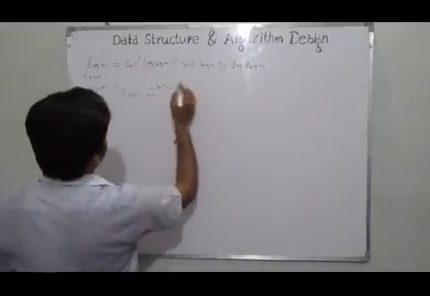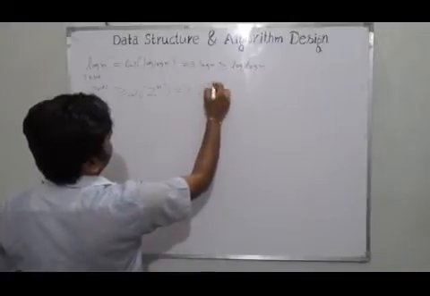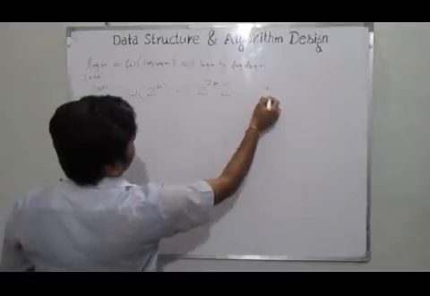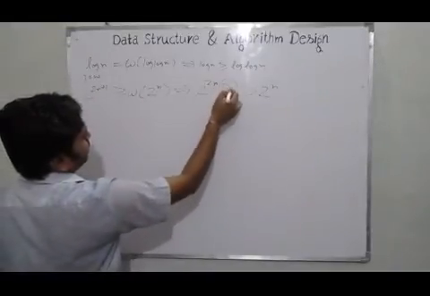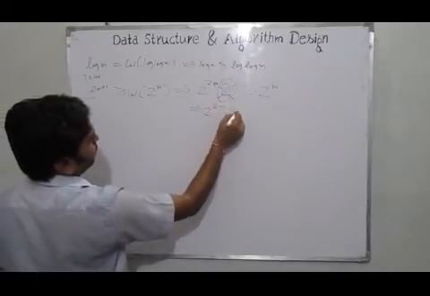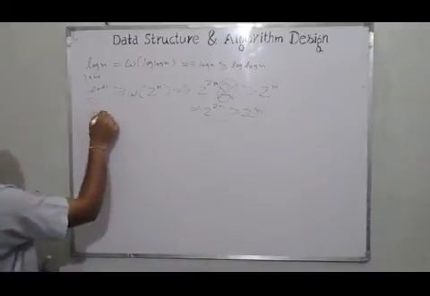If we evaluate it, 2 times 2 raised to power 2n is always greater than 2 raised to power 2n, and we come across a situation where we have 2 raised to power 2n, and it is always true.